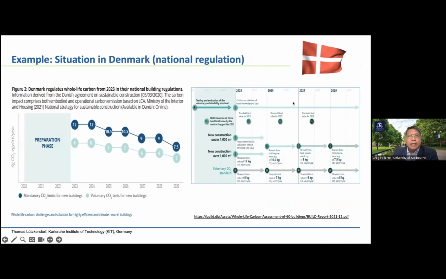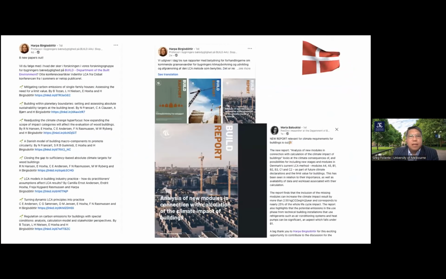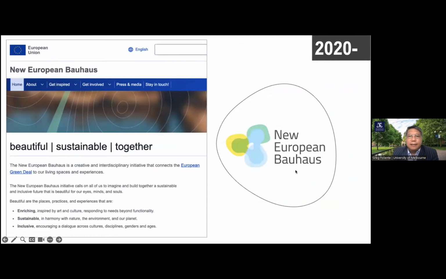And that's why in Denmark, they can set their national regulation and have this progressive plan on how to address the improvement of standards, benchmarks for their embodied carbon as part of the national regulation. So they do a lot of research. On the left, you can see a lot of the papers that they produce that are then written up into industry and government reports on the right. And then they translate them very quickly into standards and regulations.